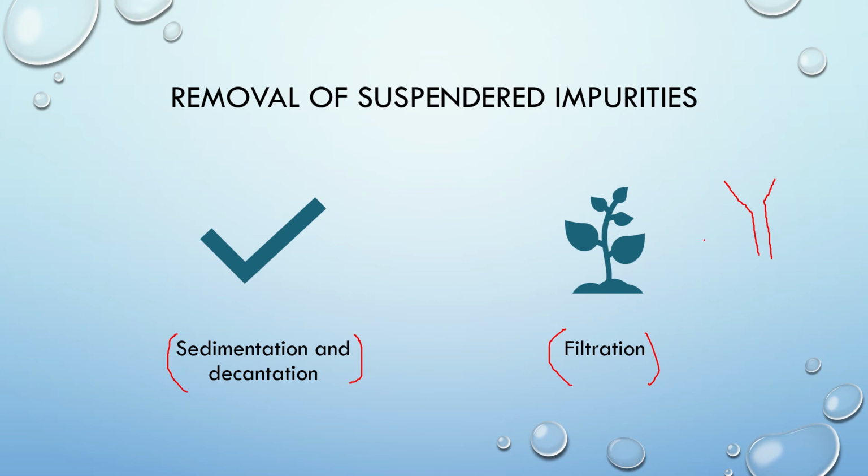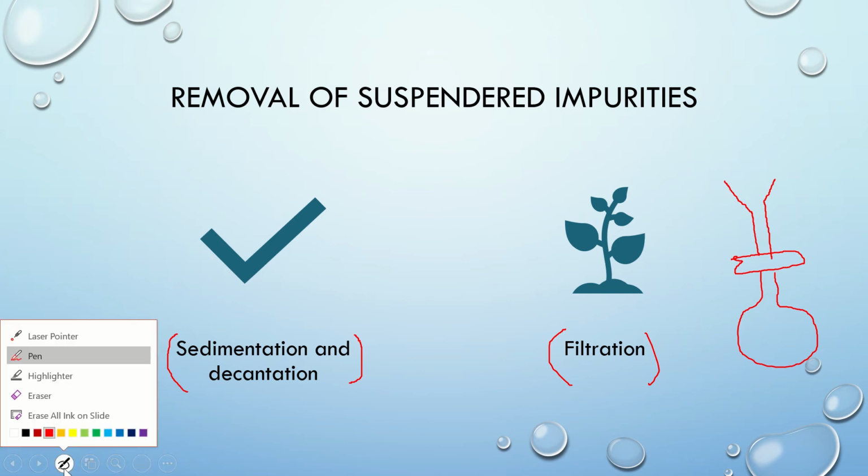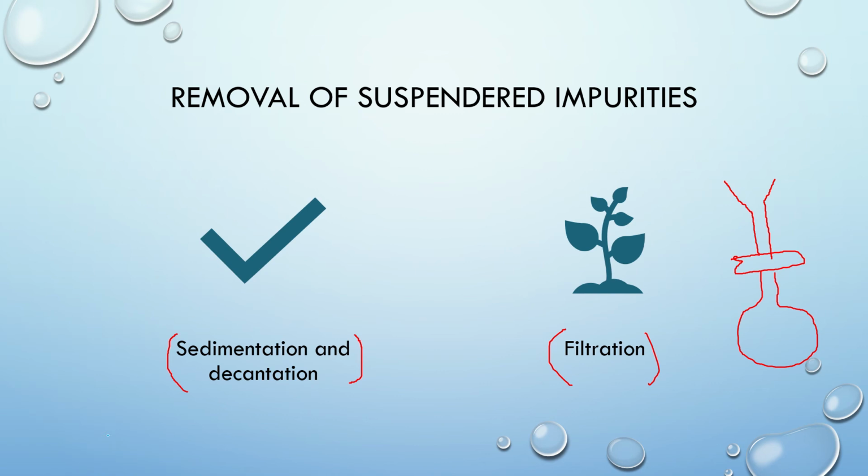Yes, same like this. Here the round bottom flask or flat bottom flask will be available. Here the filter paper will be kept. Okay, so from here only the water will be passing through it.